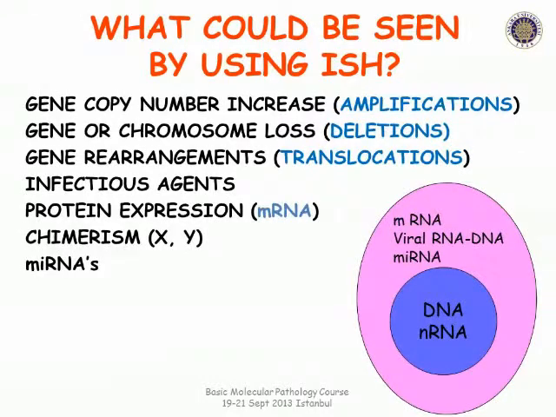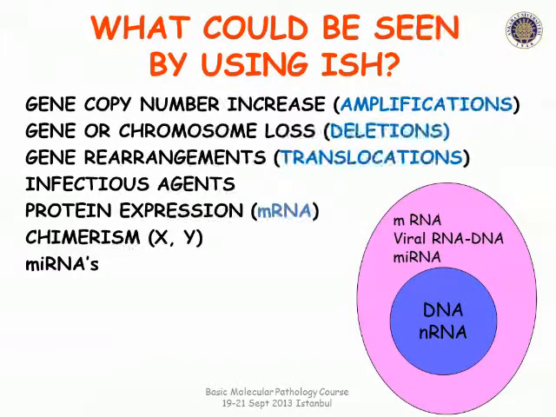So what could be seen by using in situ hybridization? We can see gene copy number increases, amplifications, deletions, losses of chromosomal parts, or translocations. We can see infectious agents in the cells.